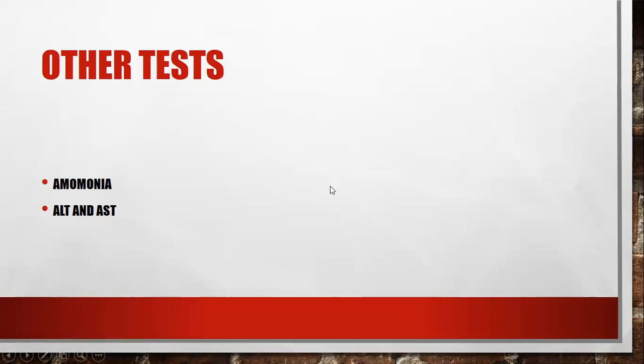Elevated levels are neurotoxic and are often associated with encephalopathy. An important mechanism by which ammonia can cause toxicity to the CNS is its ability to lower the concentration of gamma aminobutyric acid, an important neurotransmitter.